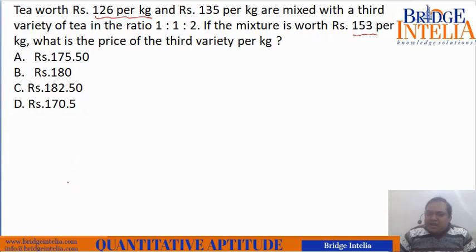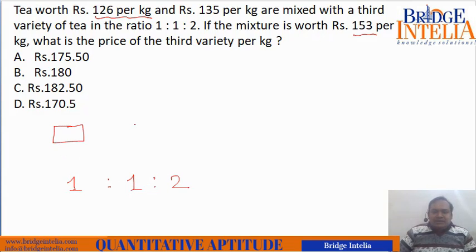So you already know the ratio, 1:1:2. Here are written the prices. Price 126 we know, the price for the second variety 135 we know. We don't know the price of the third variety. So let the price of the third variety be x.